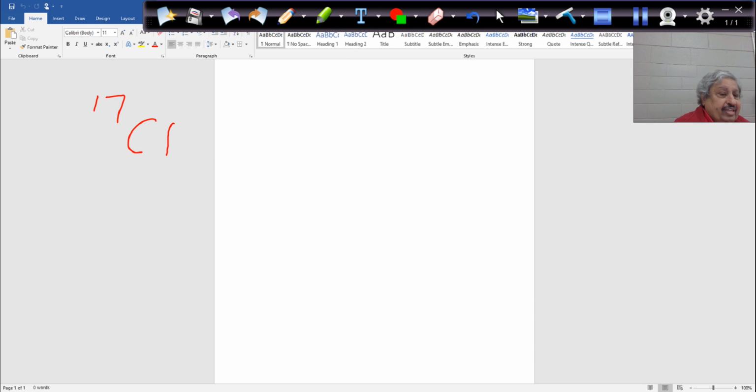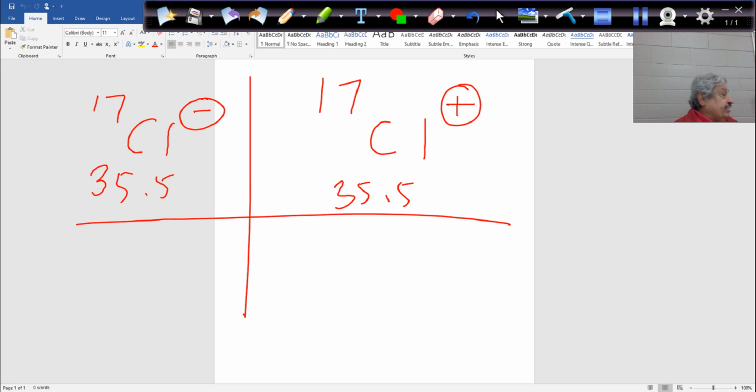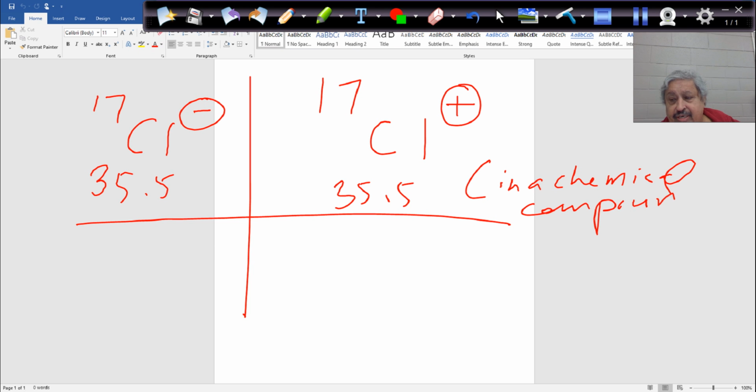We said 17 and 35.5. Now this is negative. We can determine both of these. However, in some instances we have chlorine positive. So the majority of non-metals are negative, but sometimes in a chemical compound, they might be positive.